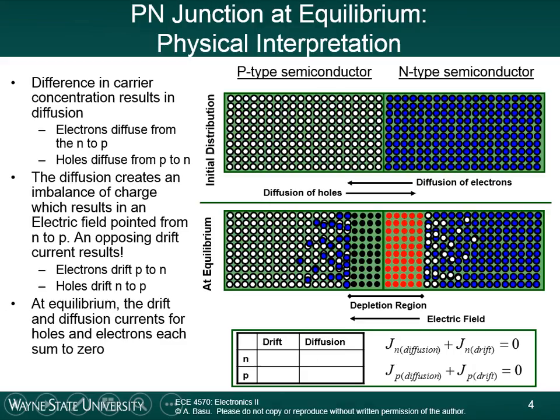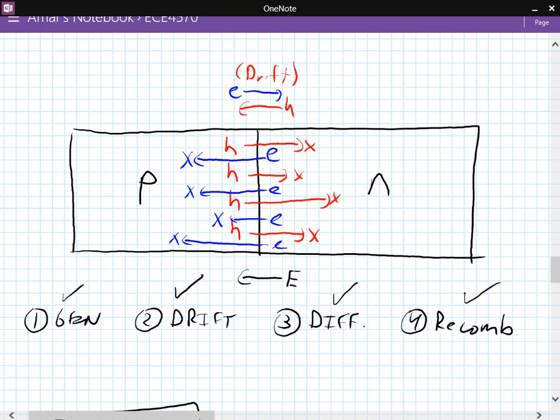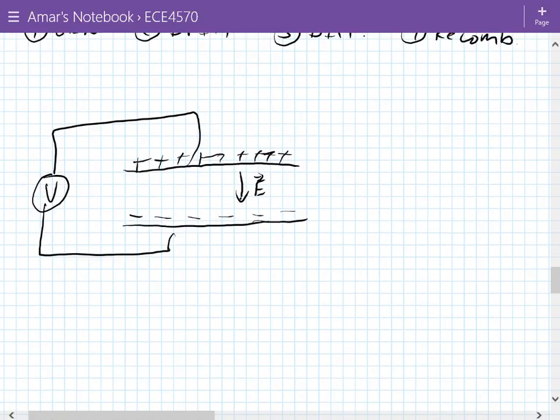Whenever you have a series of positive charges and negative charges next to each other like this, that is very similar to a capacitor. The definition of a capacitor is when we put voltage across two parallel plates. There's a metal plate here, a metal plate here, and a dielectric material in the middle.